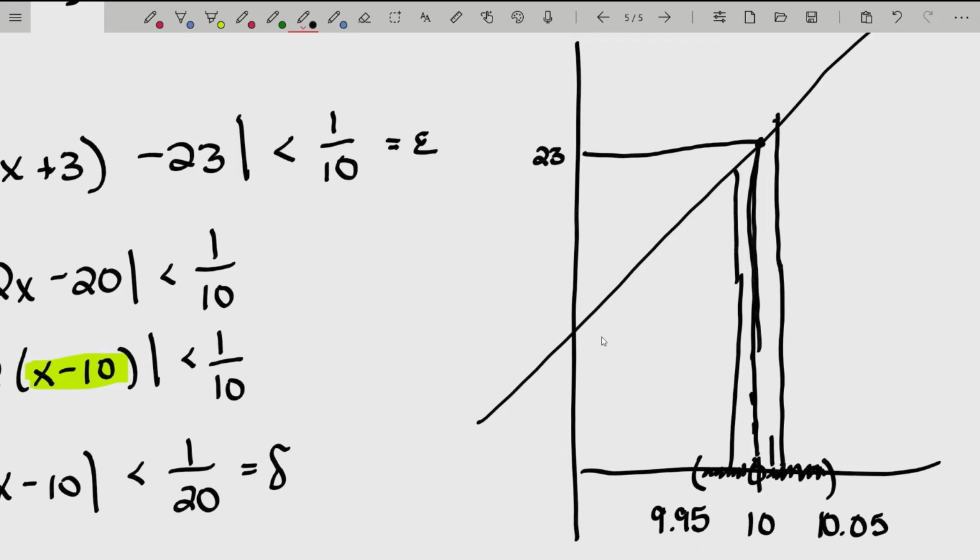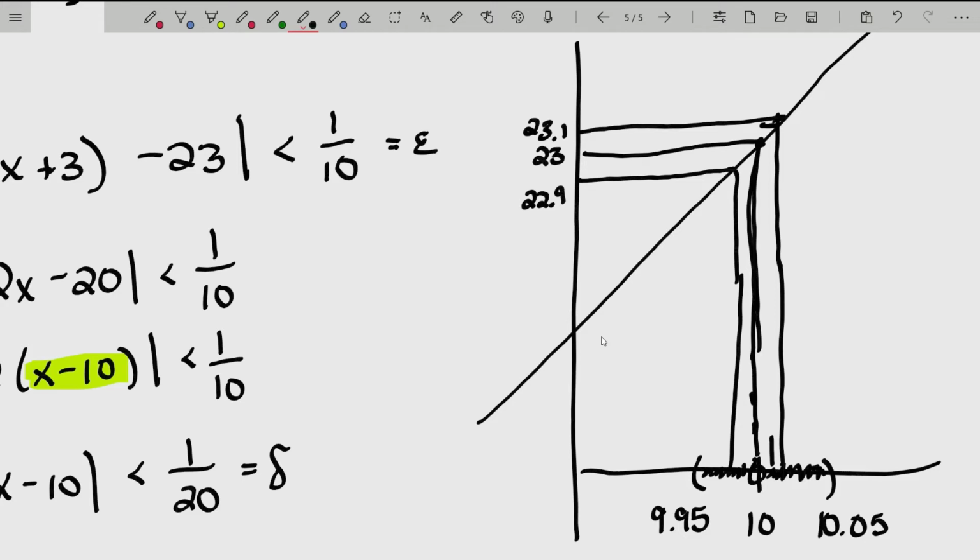All those x values lead to y values within an epsilon neighborhood surrounding 23 of size 1/10. So this is 23.1 up here. Whoops. It's supposed to be a 23.1, and this is a 22.9. So that is, again, the actual precise definition of a limit.